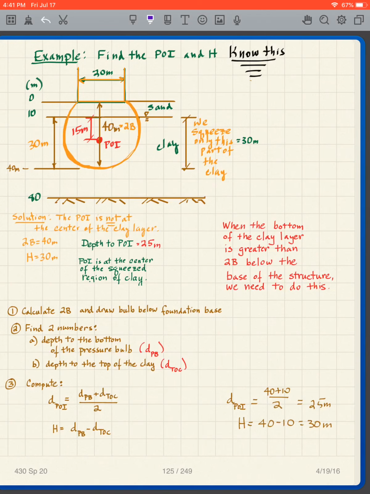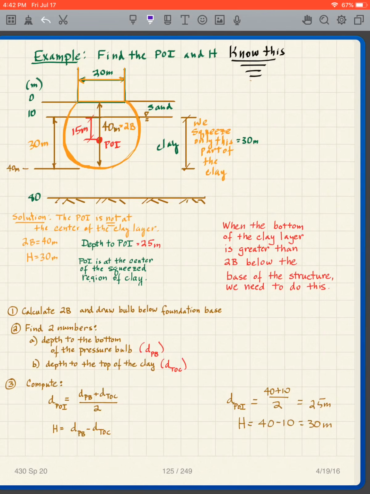And so when I choose my point of interest, I want the center of this region. Well, where's the center of that region? There's the center of that region. My point of interest is going to be there, not at the center of the entire clay layer, just the center of this region.